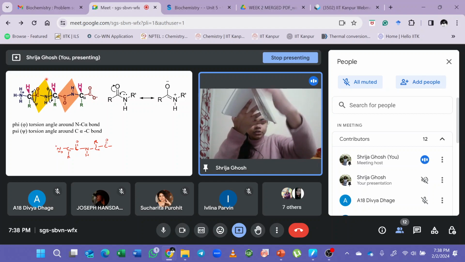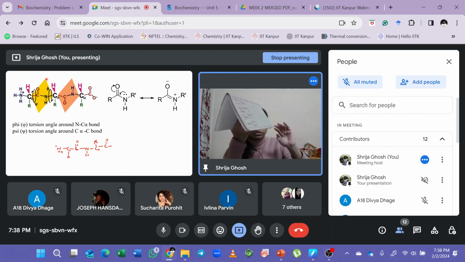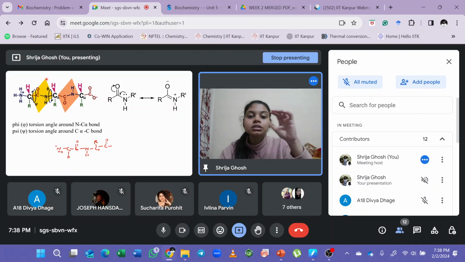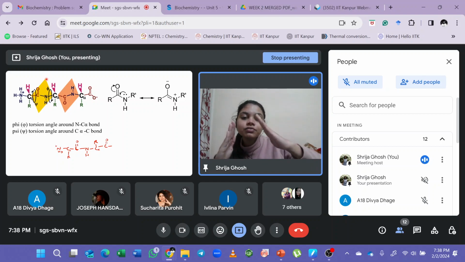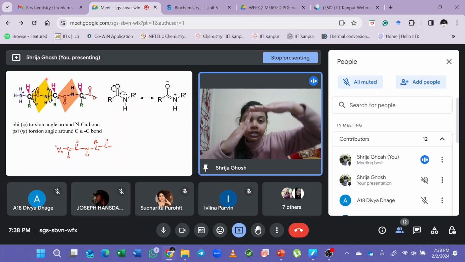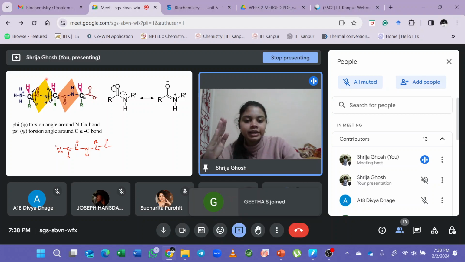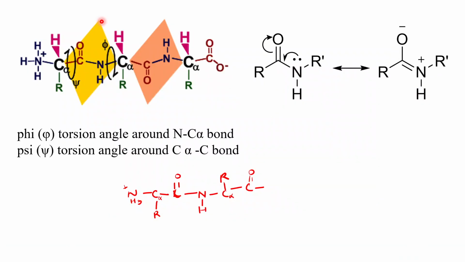So it is kind of going like this. Is this structure clear? The rotation that is happening is along the axis of one plane, with reference to the adjacent plane. So this part is clear. Now, there is a rotation along this bond.